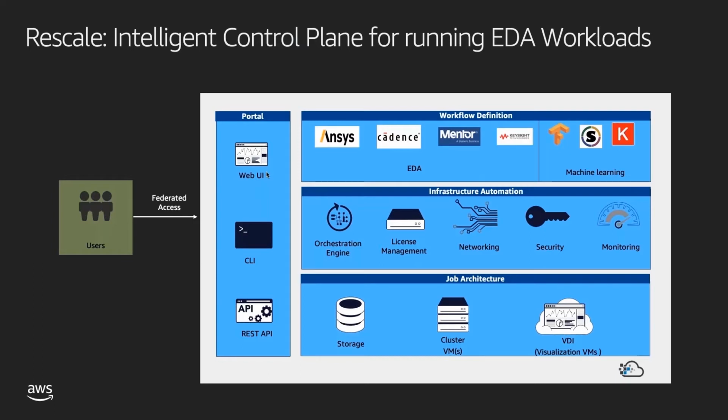So if we talk about running EDA workloads, there are three important pieces of the stack. The first is the application layer. On our platform, we have close to 600 plus applications. And specifically when it comes to EDA, we work with all the major vendors in this space, Cadence, Mentor, Keysight, and work with them closely to onboard their applications for running different types of front-end design, back-end design, physical verification, and so on.